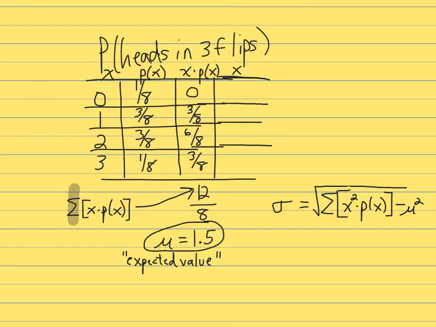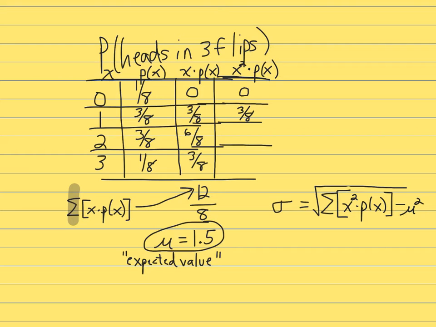Let's make a column x squared times p of x. And I think we can continue to do this mentally, hopefully. So 0 squared, x squared is 0, times 1/8 is still 0. X is 1, x squared is 1, 1 times 3/8 is still 3/8.